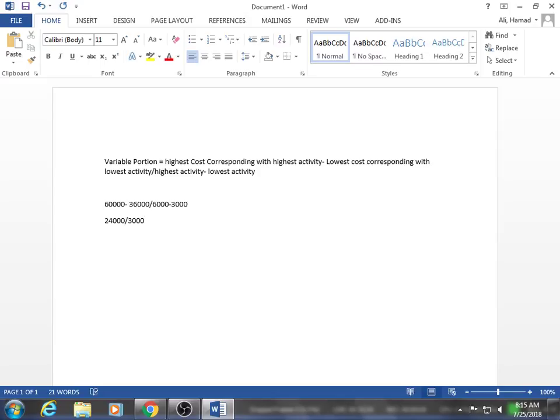So 24 divided by 3 is $8 per unit. This is the variable portion, or the variable rate per unit.